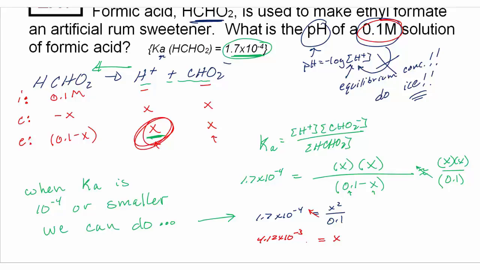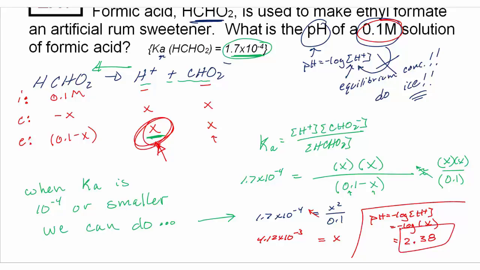And we wanted to know pH. pH is the negative log of the hydrogen ion concentration. Well, that's going to be the negative log of x, because that's what x is, right? X is our hydrogen ion concentration. So take the log of it, negative 2.4. Well, 2.38 or so. Okay?